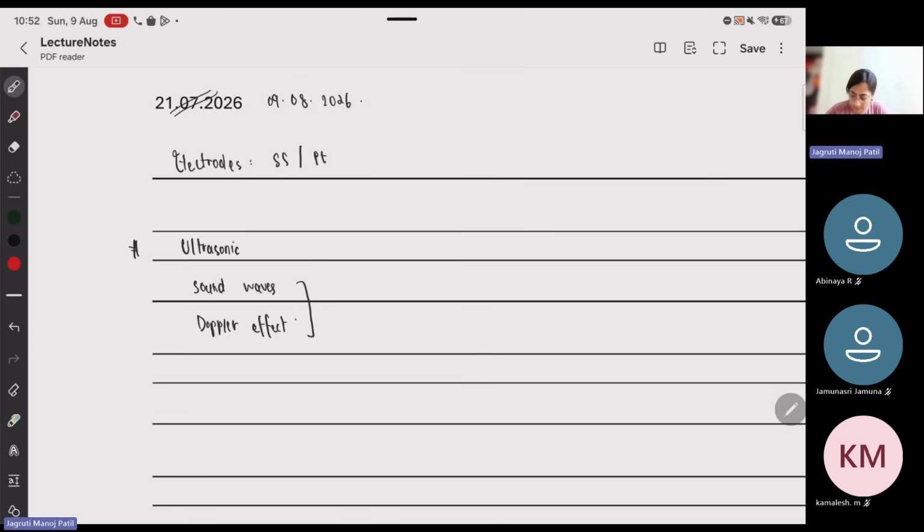This type of measurement is non-invasive, and it is a real-time measurement.